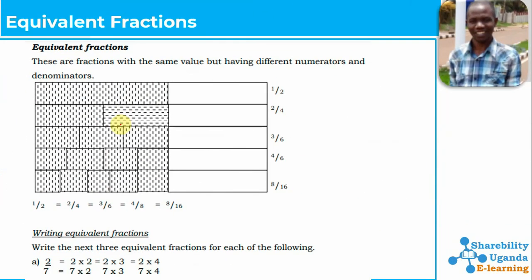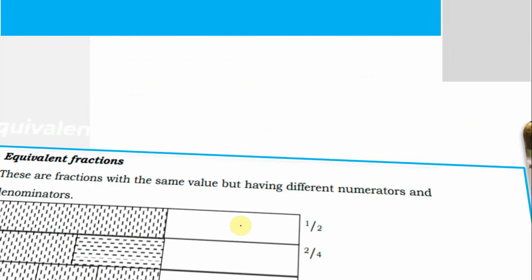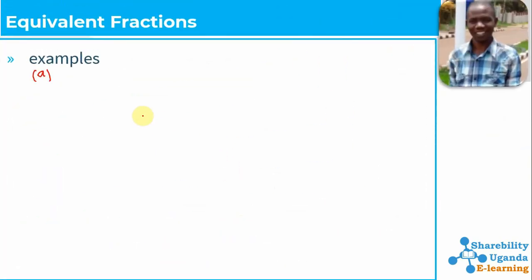We have 1 out of our part A, which is 2 out of 7. So we want to get some more equivalent fractions. In part A, we have 2 out of 7, and we want to get some more equivalent fractions.